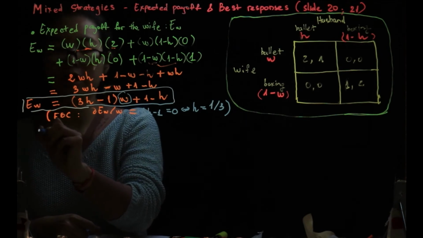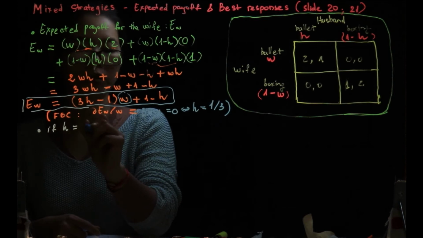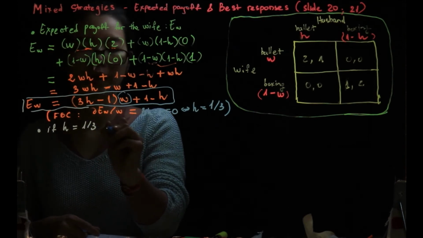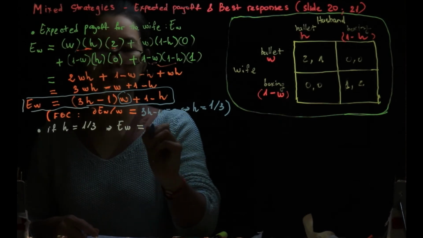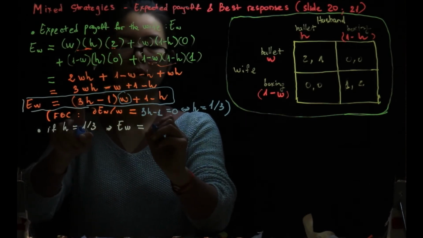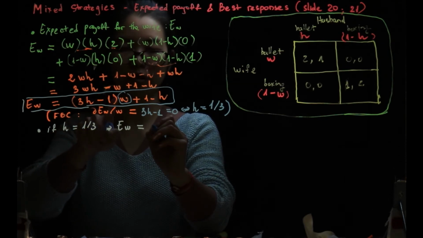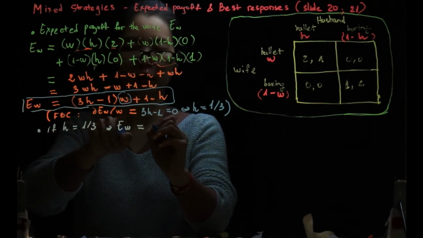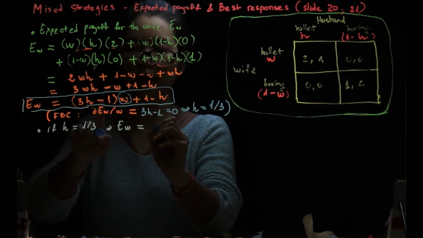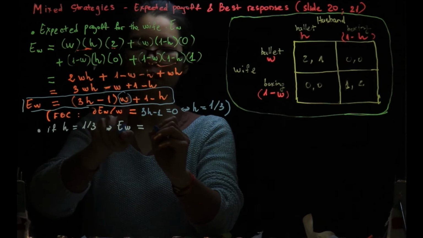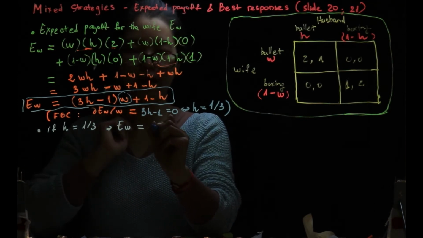So if H equals 1/3, then EW will be, the term in the bracket is 0, right? And as a result, the first term, 3H minus 1 times W, equals 0. Don't have to care about that.